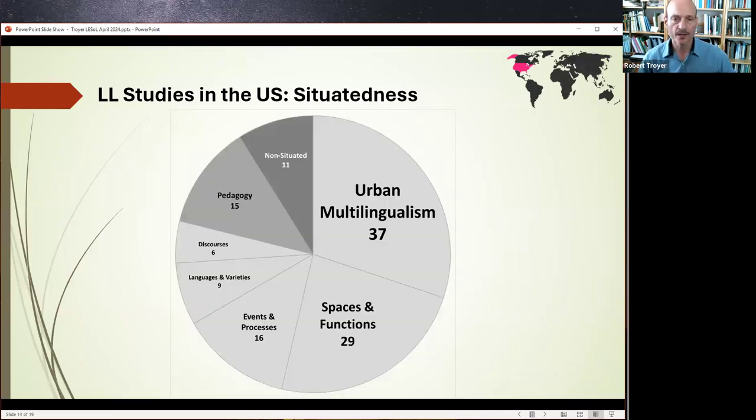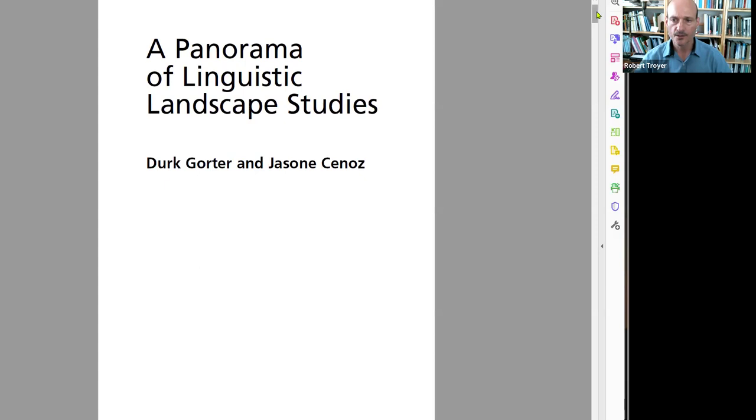As I was trying to find an approach to this body of work in the United States, I was contemplating different ways of framing and organizing the studies. And I should point out Gorter and Cenoz's recent publication, Panorama of Linguistic Landscape Studies, which I think is open source.